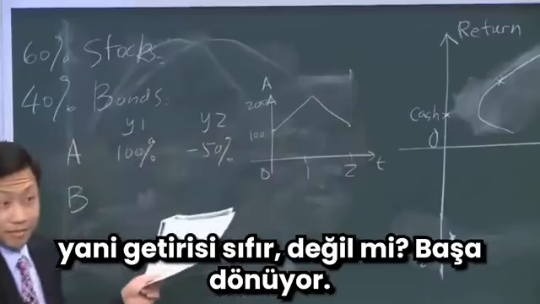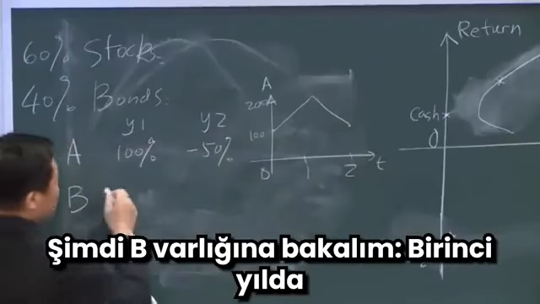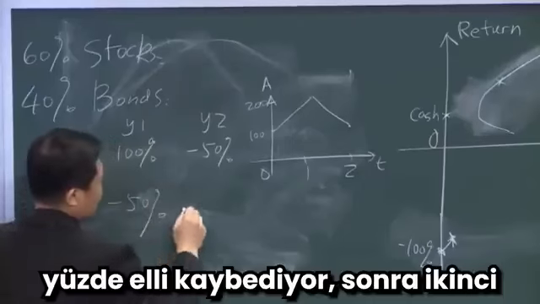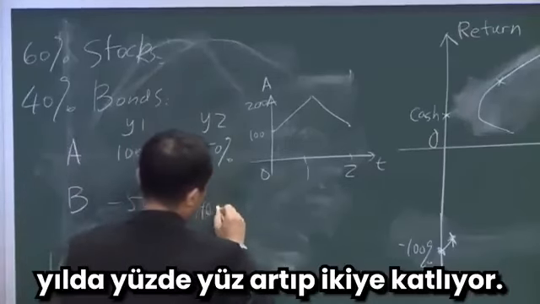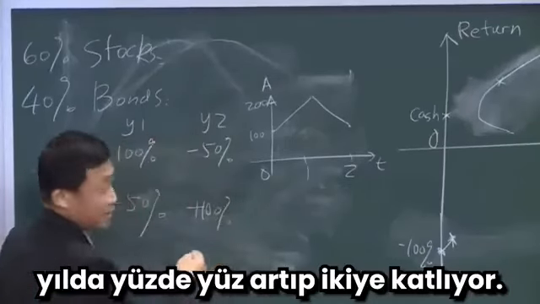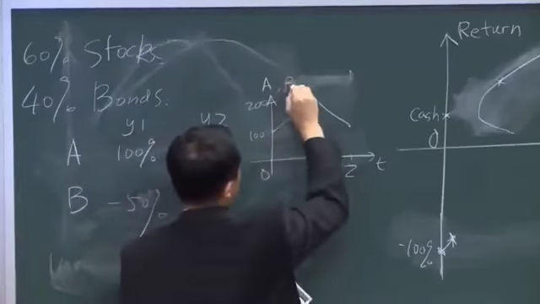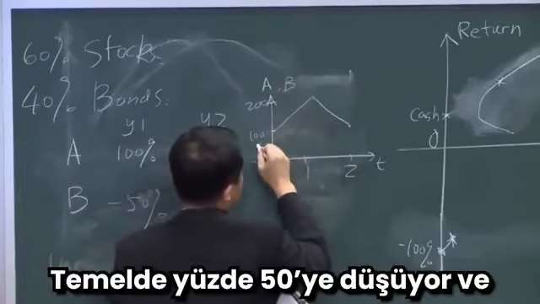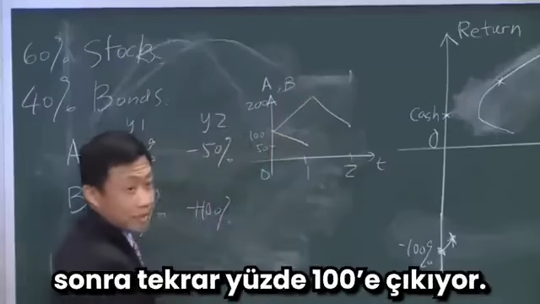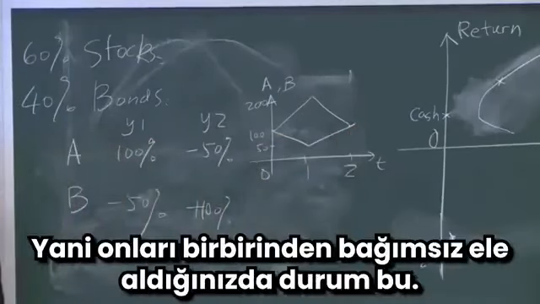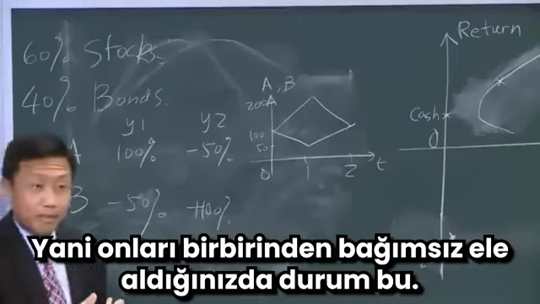So it returns nothing, right? It comes back. Asset B in year one loses 50%, then doubles up 100% in year two. So asset B basically goes down to 50%, and it goes back up to 100%. That's when you look at them independently.